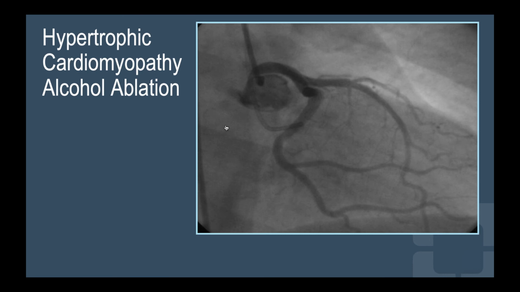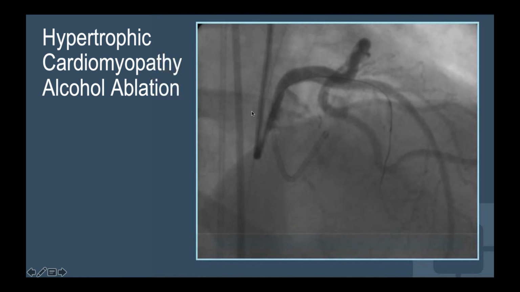Then they did a super selective catheterization of the first septal perforator. Again, this is the LAD. The way to recognize the LAD, for those of us who are not cardiologists, is when you see all these straight branches going down, pointing at the feet of the patient, you know that's the LAD. Those are all the anterior septal perforators.